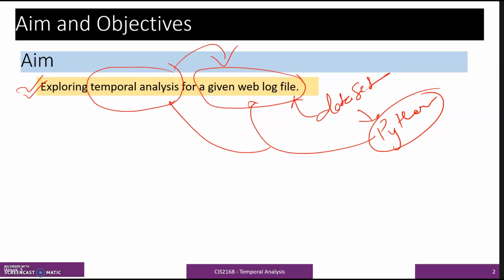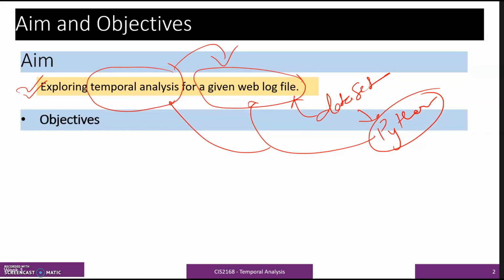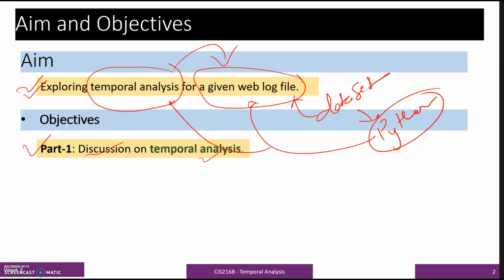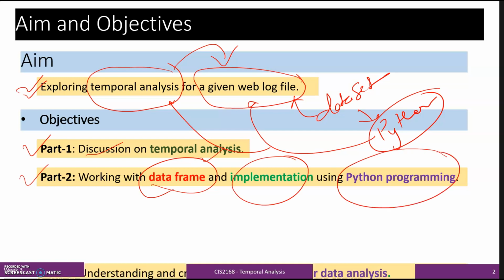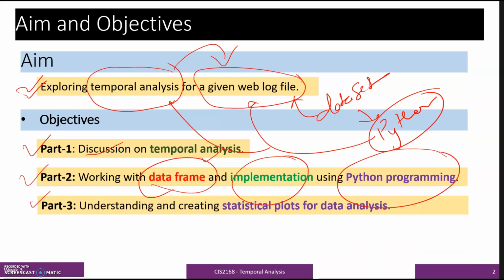The objectives for this session are given here. All in all, 4 objectives have been framed. The first objective is discussion on temporal analysis. Objective 2 is on data frame and its implementation using Python programming. Objective 3 is on understanding and creating statistical plots.